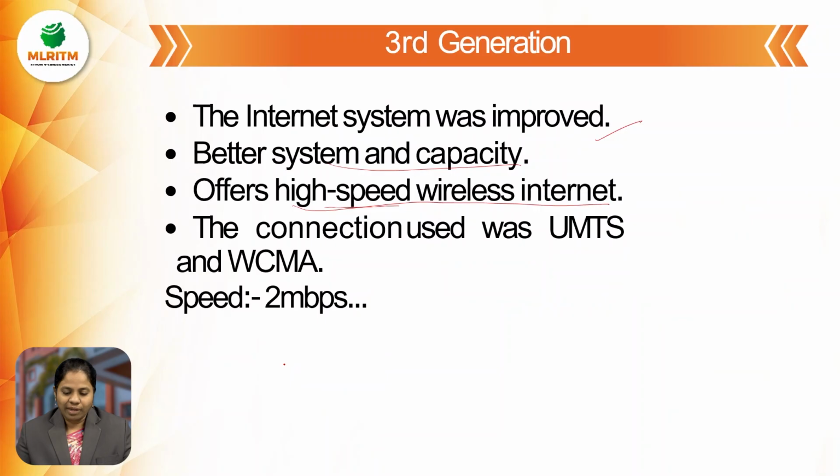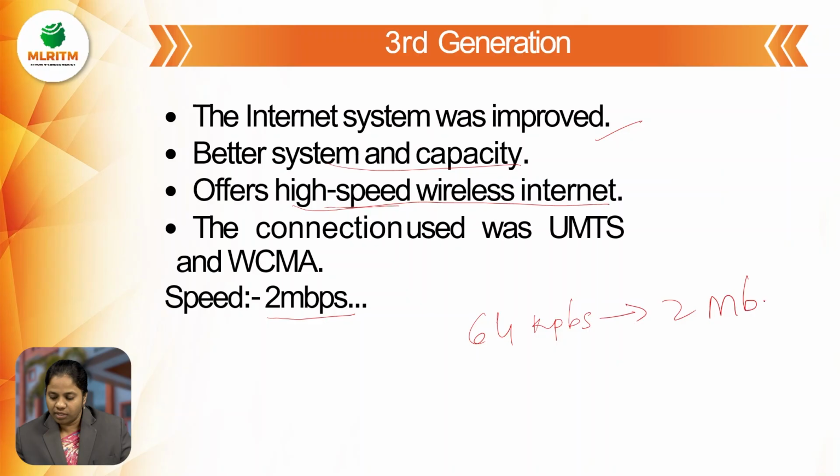But when it came to third generation, the speed shifted from 64 kbps to 2 Mbps. The change in the speed of the network improved things a lot. Because of this speed improvement, the system supported high speed wireless internet in third generation. This is regarding third generation.